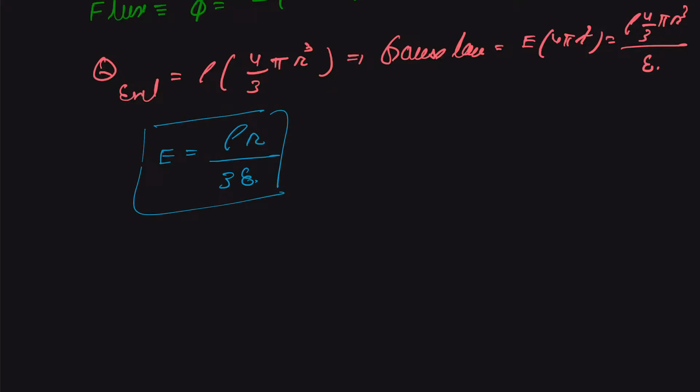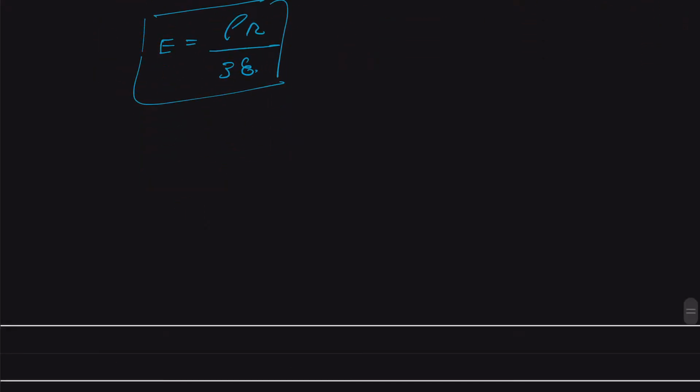So we get that the numerical factor of the electric field differs for the slab, the cylinder, and the sphere, even though they all have the same charge density, that is rho.